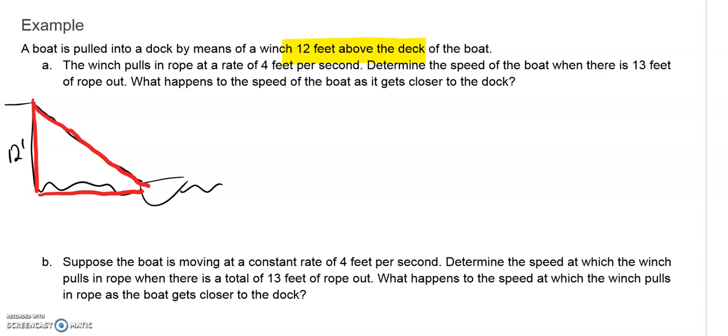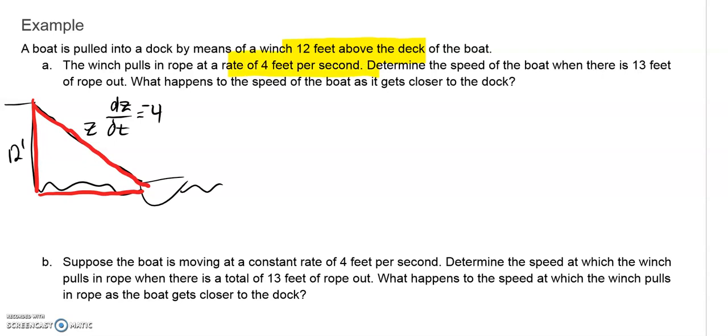Okay, so let's say that the rope is Z. That changes at a rate of 4 feet per second. So that means the change in the rope length over the change in time is -4, because it's getting shorter, it's a negative change. That was this right here.